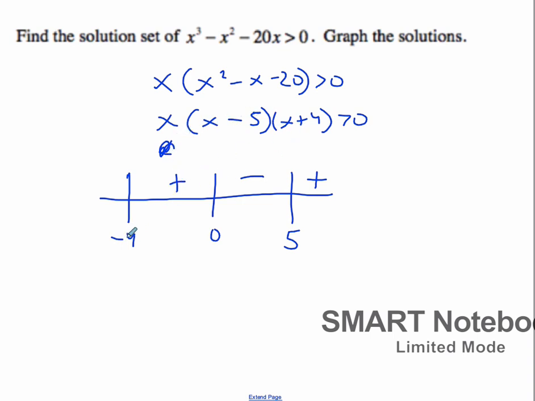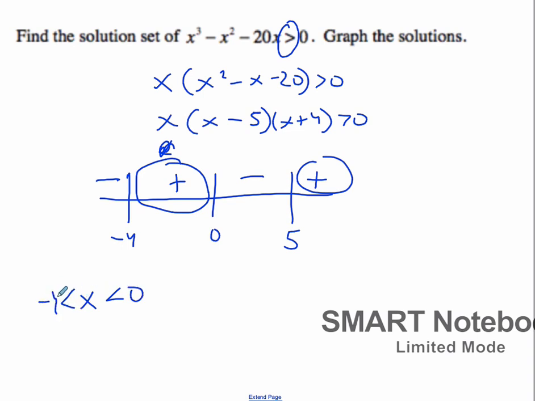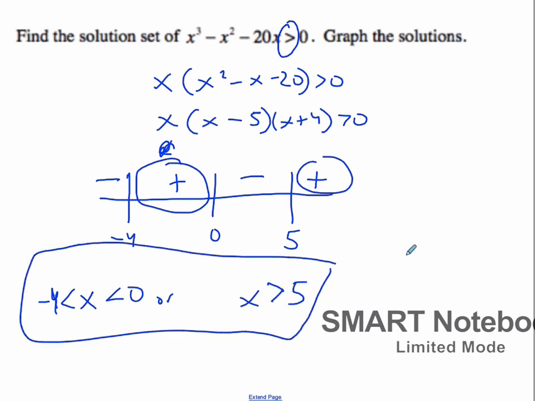And if we plug in a number smaller than negative 4, we'll have negative, negative, negative, so the whole thing will be negative. Okay, so where are these values bigger than 0? It is here and here. So x is greater than -4 and less than 0, or x is greater than 5 is our answer.